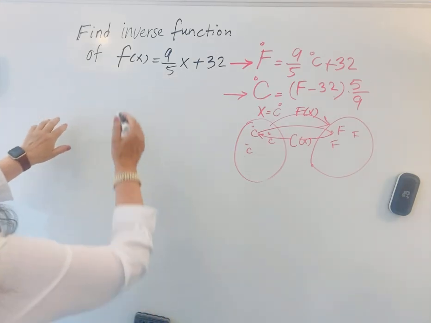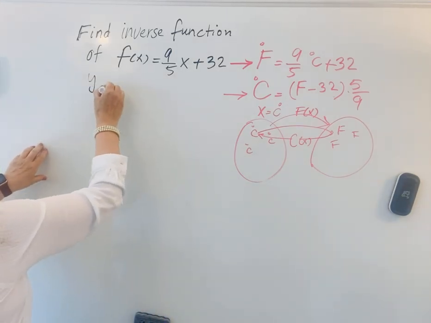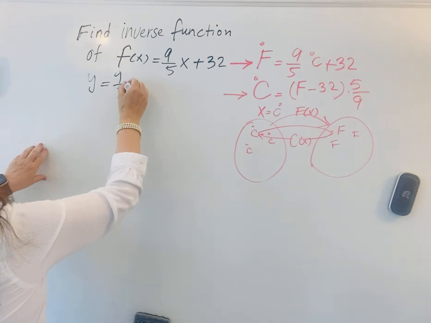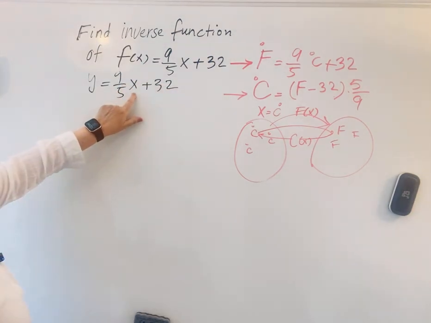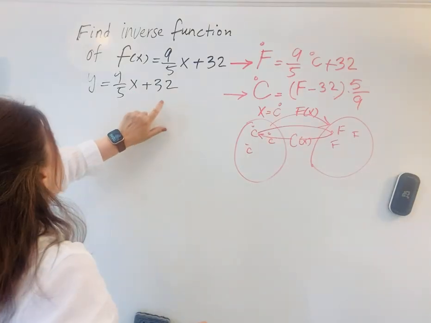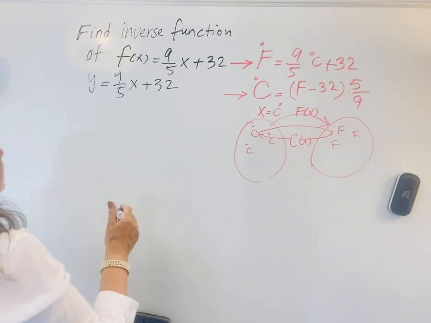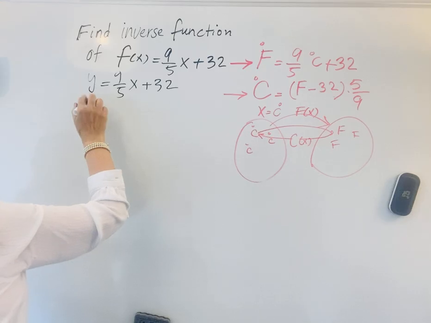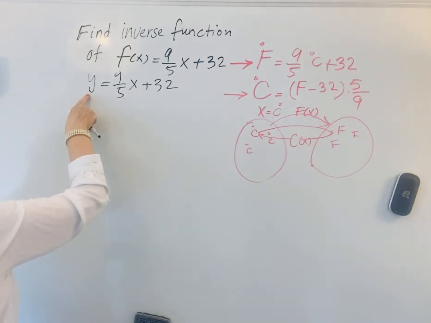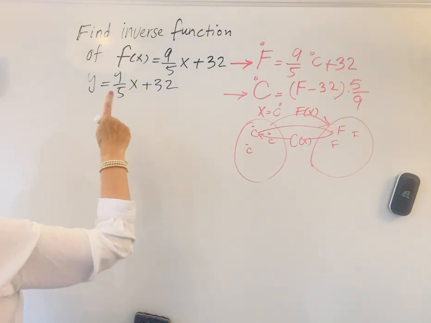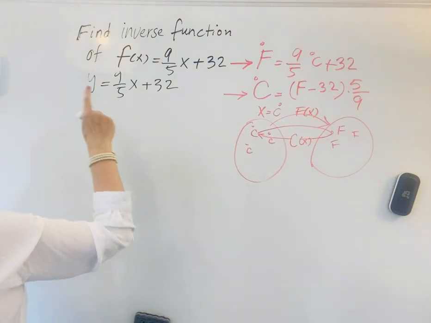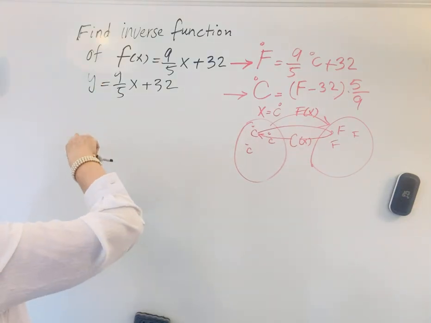As you know, this one is y equals 9 over 5 x plus 32. Y is Fahrenheit actually, x is centigrade. How can we find the inverse function? We know that the y from this function is the x of the inverse function, and the x of the inverse function is this y.